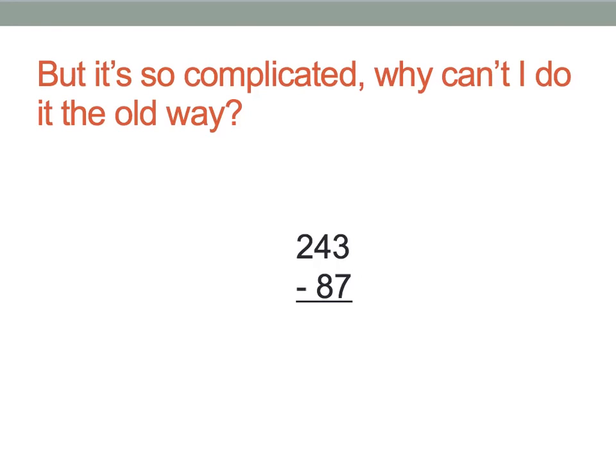But the old way. Let's look at the old way real quick. So, okay, 243 minus 87. All right, now I know I need to put a 1 here, so that's 4, and then do that again. Jeez. Every time I do this, I always have the same thing. I want to say it's 4, but no, it's a 6. It's a 6, yes.